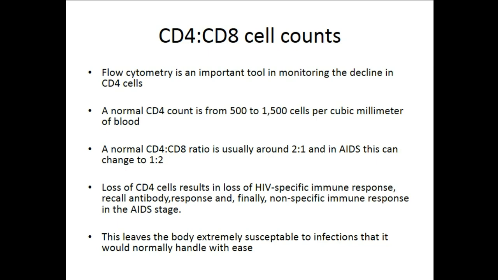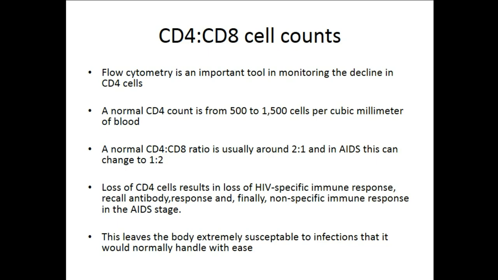Basically, what happens is when these individuals start to lose their CD4 cells, they have a very poor adaptive response. And because of that, the bugs that we're exposed to on a day-to-day basis, which normal people are able to fend off and stop from spreading and infecting immediately, are now a problem for people with HIV with low CD4.